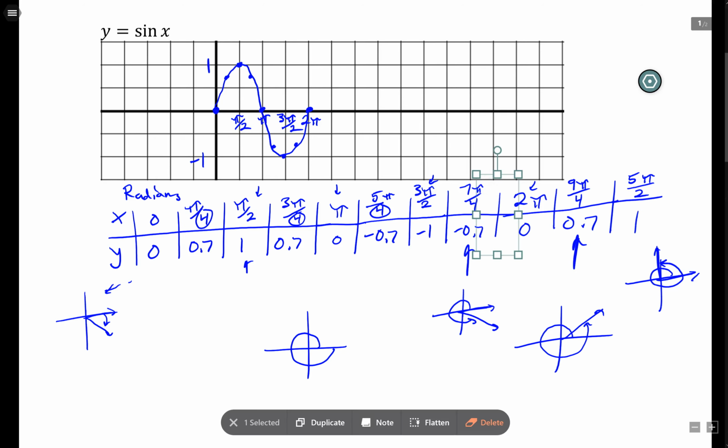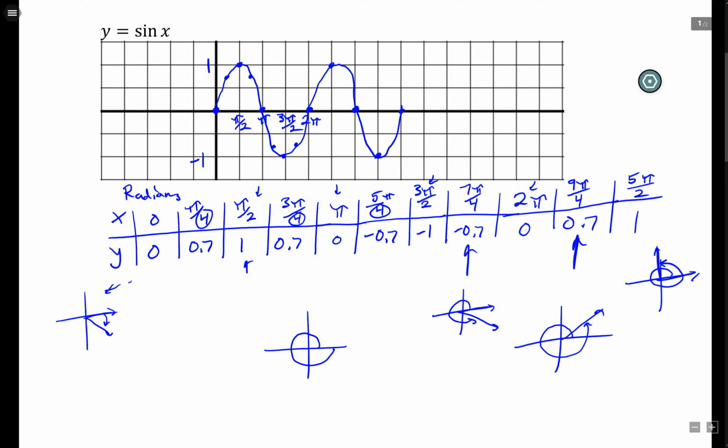So I'm going to go up to 1, I'm going to go back to 0, I'm going to go down to negative 1, I'm going to go back to 0. This pattern is repeating, and it will repeat on and on forever and ever. So let's draw an arrow. It will also repeat in the other direction. And again, the reason is because I'm just going around and around the unit circle. I'm hitting all of these coterminal angles.